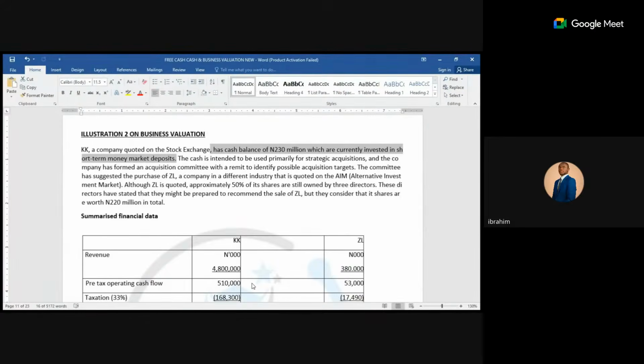The cash is intended to be used primarily for strategic acquisition, meaning that they want to use this 230 million for acquisition. The company has formed an acquisition committee with a remit to identify possible acquisition targets.